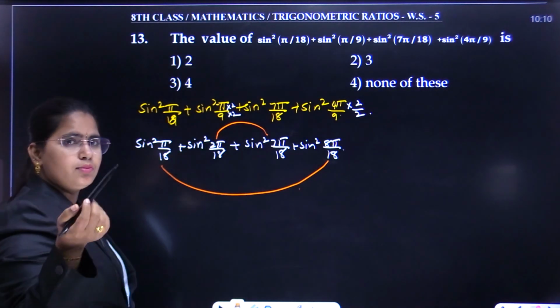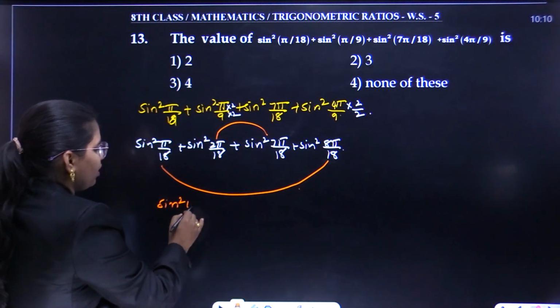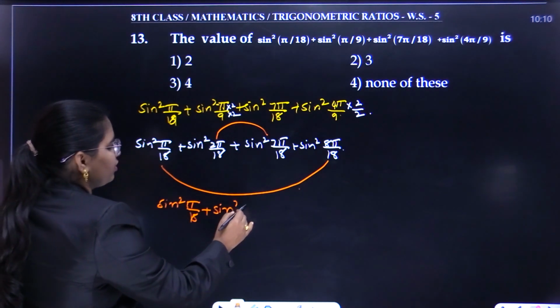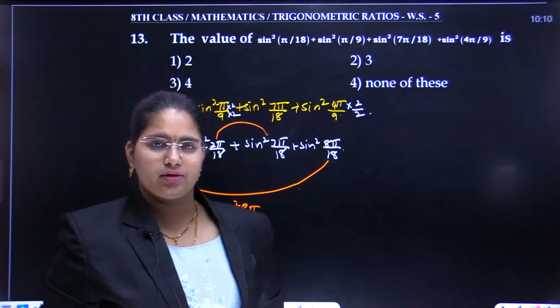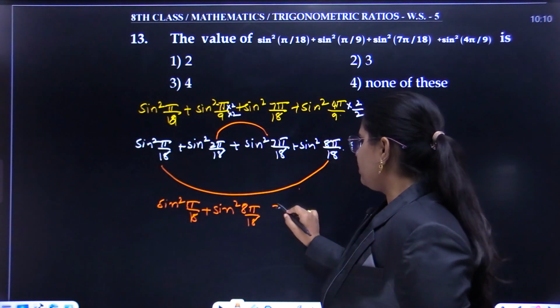What is the result I am going to get? So see, sine square pi by 18 plus sine square 8 pi by 18. I am just adding these both together. So what is the result I am going to get? Just see.